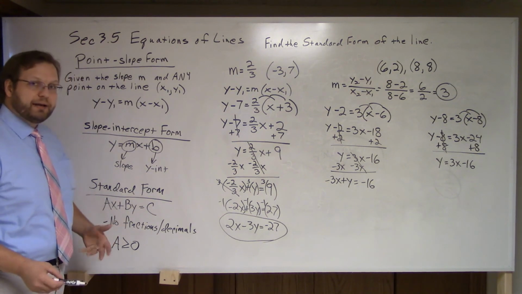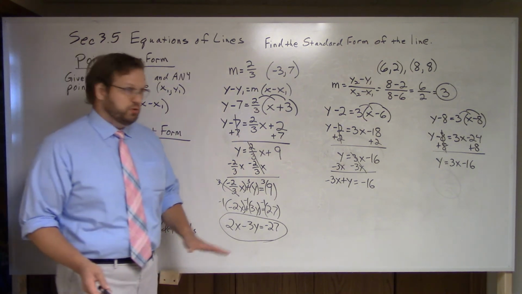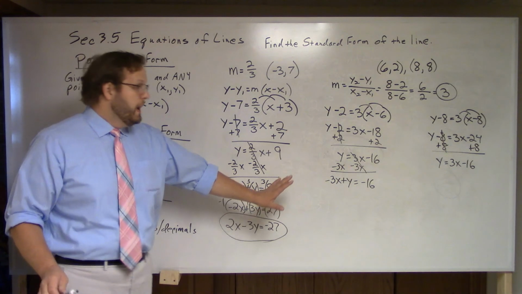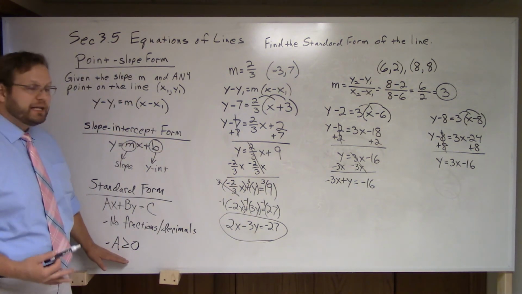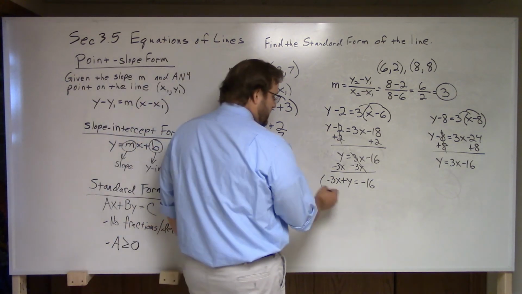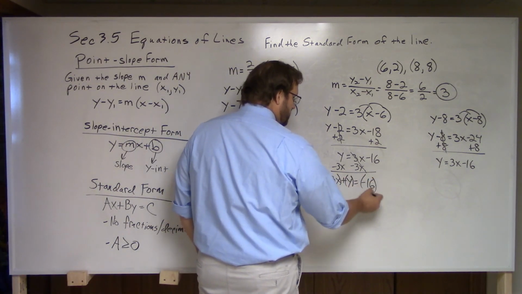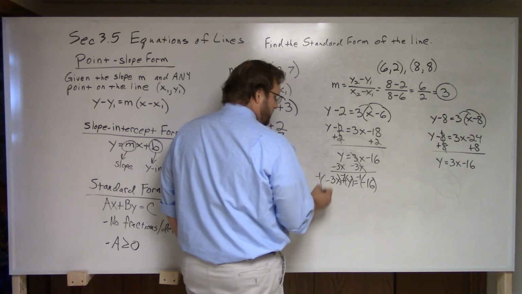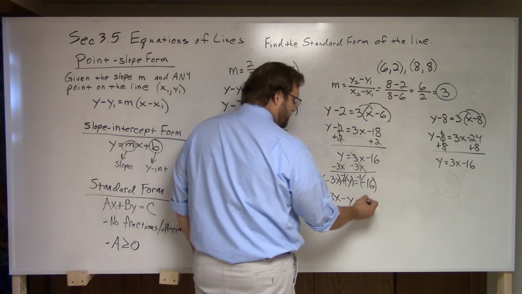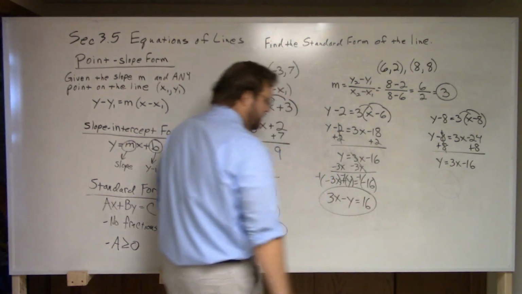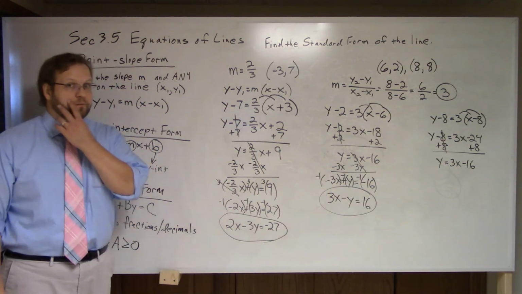Now the next thing I have to worry about is I can't have any fractions or decimals. Well, there aren't any, so I'm good. But the x coefficient, that a value, has to be positive. So I'm going to multiply everything by a negative 1. 3x minus y equals 16. And there's your standard form.